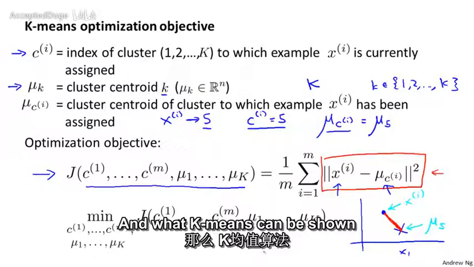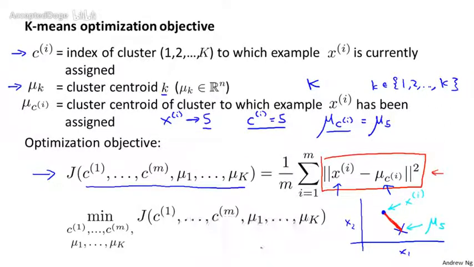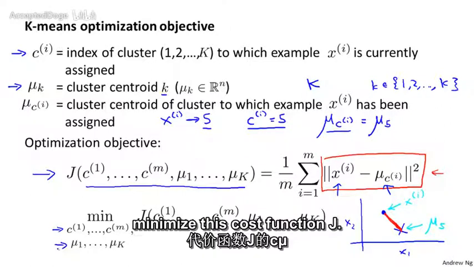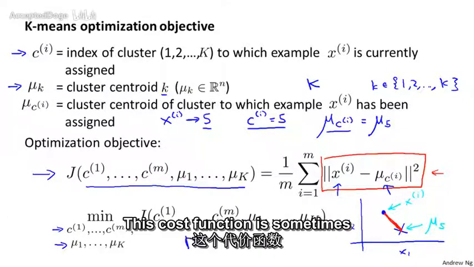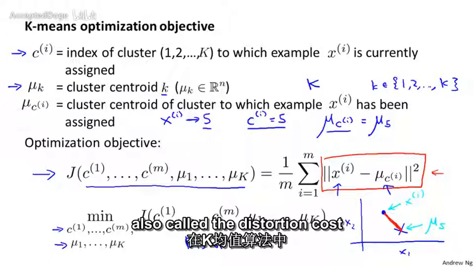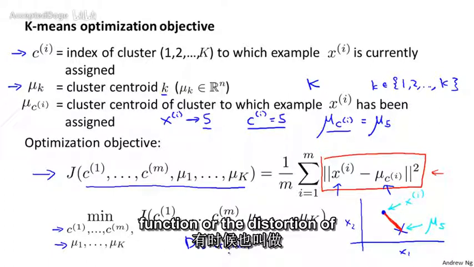And what k-means can be shown to be doing is trying to find parameters c and mu to minimize this cost function J. This cost function is sometimes also called the distortion cost function, or the distortion of the k-means algorithm.